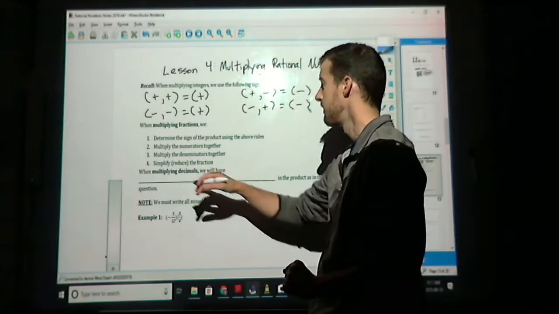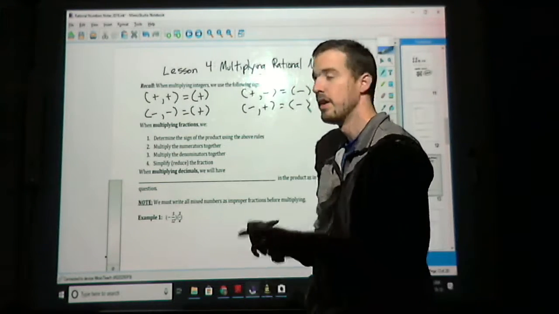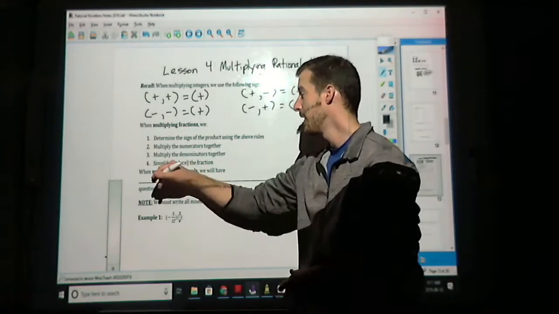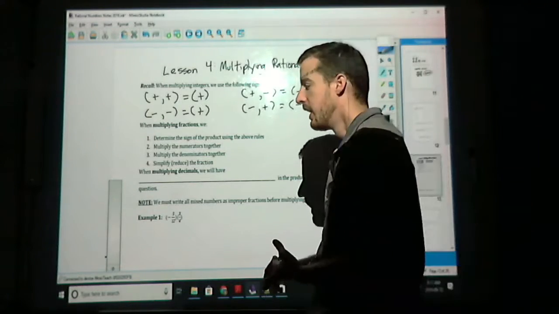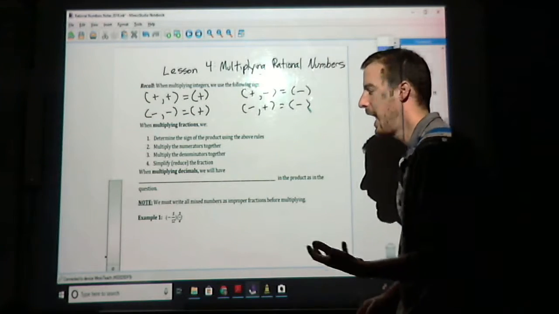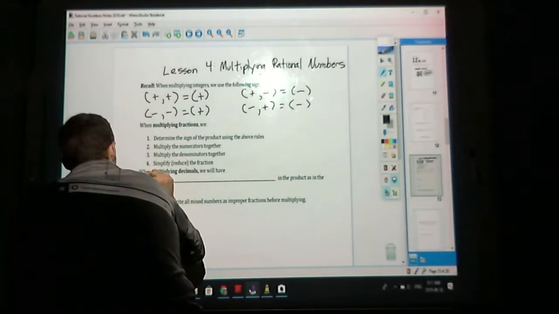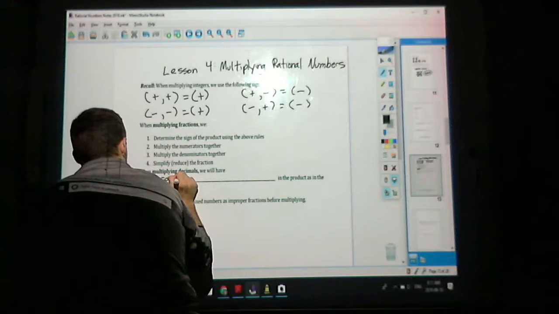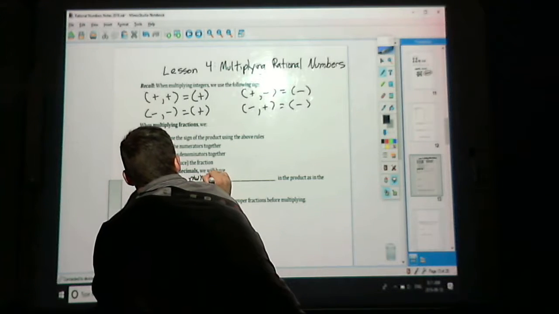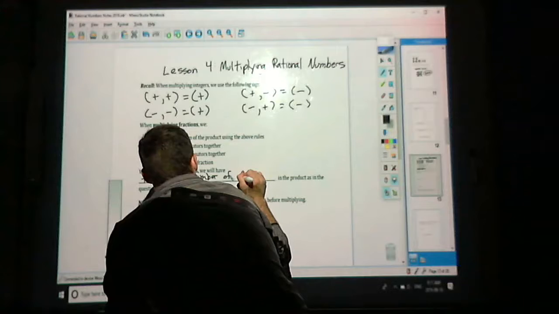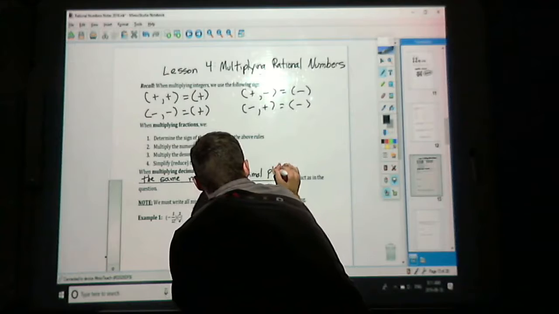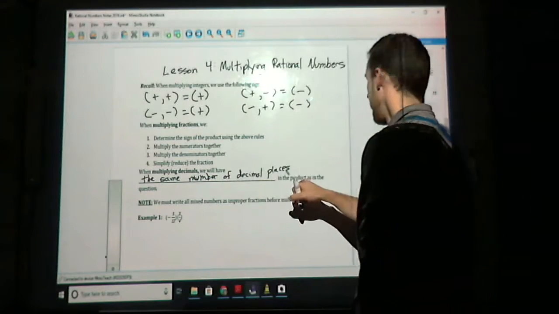It's quite simple, actually. Multiply the numerators together, the top numbers. Multiply the denominators together, the bottom numbers, and simplify and reduce the fraction. When we're multiplying decimals, we will have the same number of decimal places in the product as in the question.